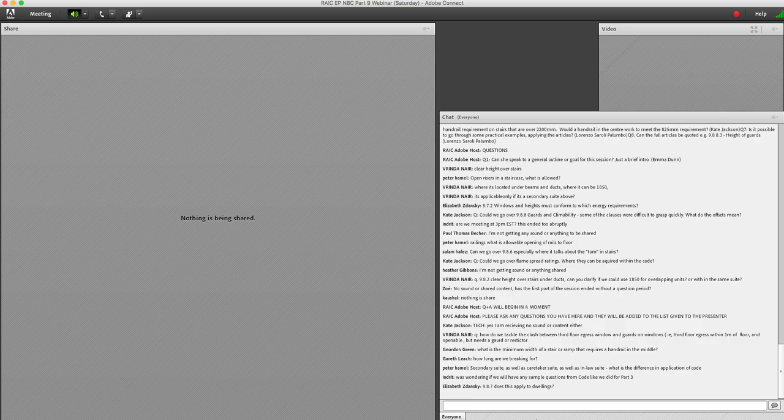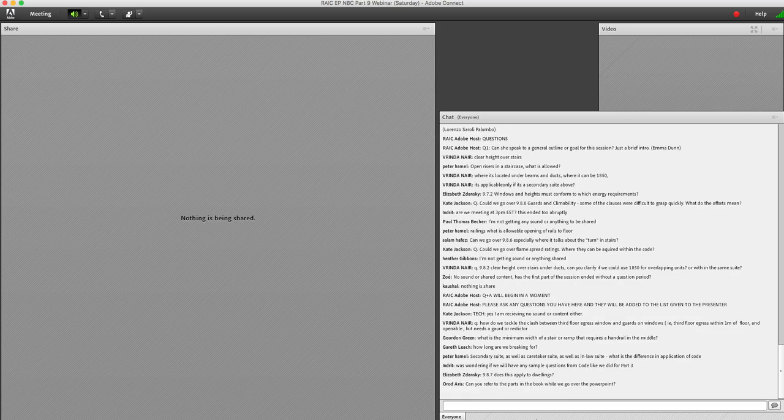In Article 9.8.6.3, there are the requirements for dimensions of landings, which also refers to other articles within the code. So it would require reading through all of those articles.